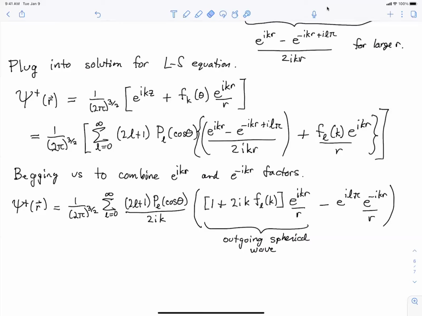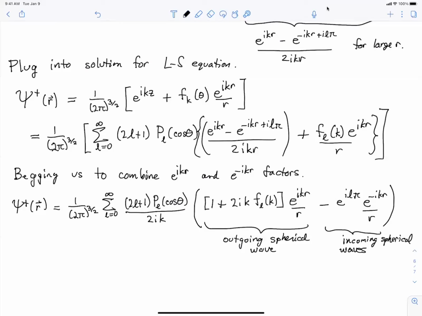Okay, and this is our incoming spherical waves. And so the idea is somehow this combination of incoming spherical waves is actually our initial beam. Okay, and notice there's nothing in there that depends on the f functions.